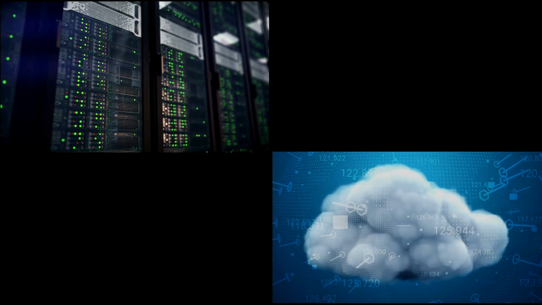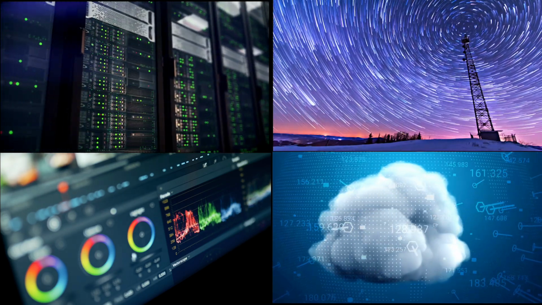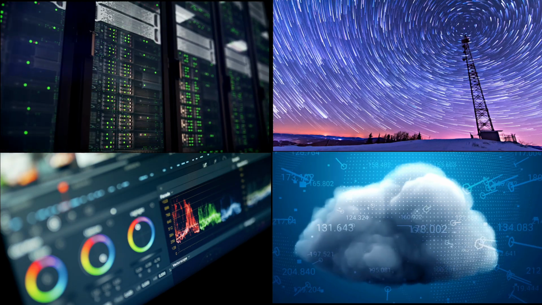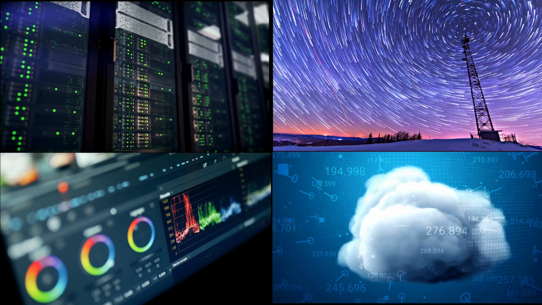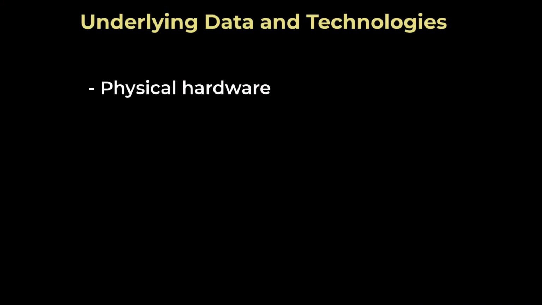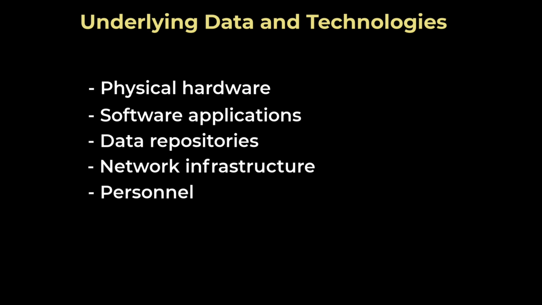Understanding the MEF's underlying supporting technology is the next step: identifying and cataloging all assets that support the organization's mission-essential functions, beginning by systematically listing each element that plays a role in keeping these critical functions operational, including physical hardware, such as servers, workstations, and networking equipment, software applications, data repositories, and the datasets involved, network infrastructure components, personnel, facilities, physical security.